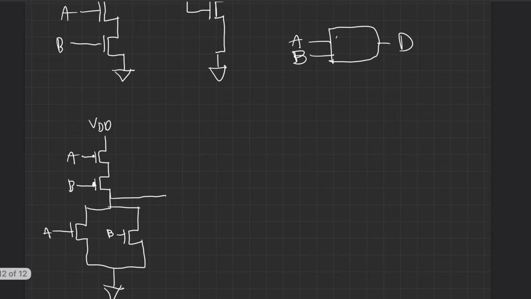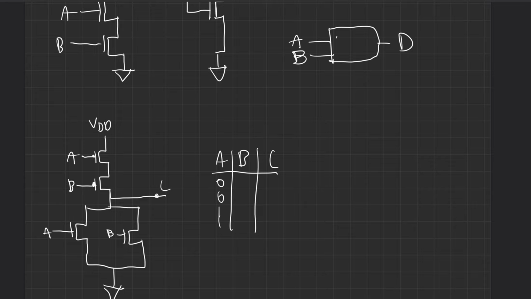But let's use the same logic here. Let's call this C as well. I'll do A, B, and C. Okay. So once again, 0, 0.